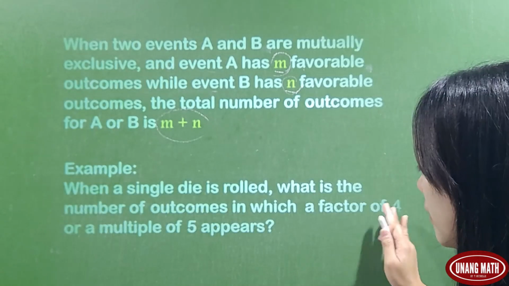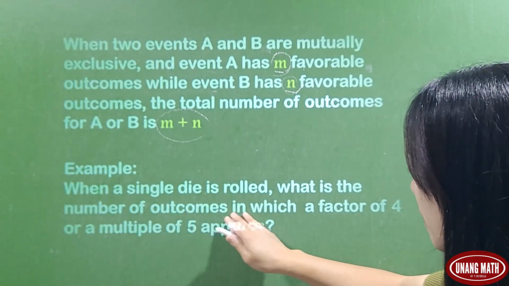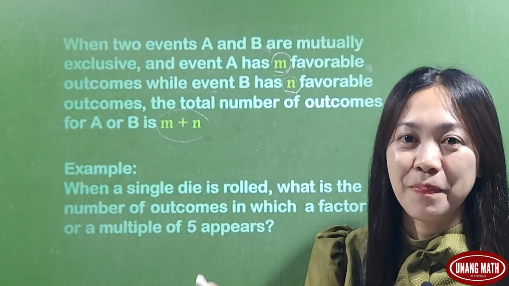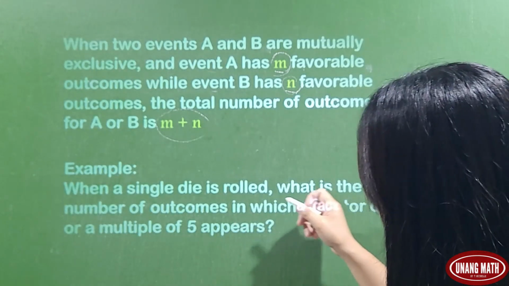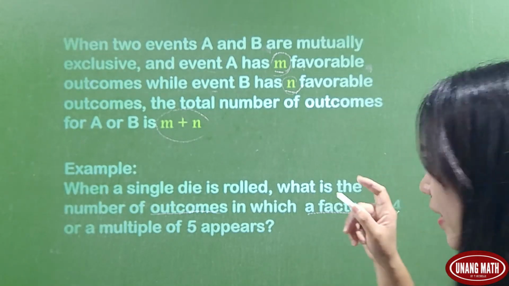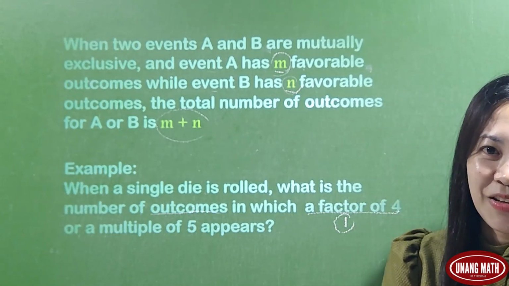According to this example, when a single die is rolled, what is the number of outcomes in which a factor of 4 or a multiple of 5 appears? So we have this word, outcomes. A factor of 4, this is our first event or first condition.